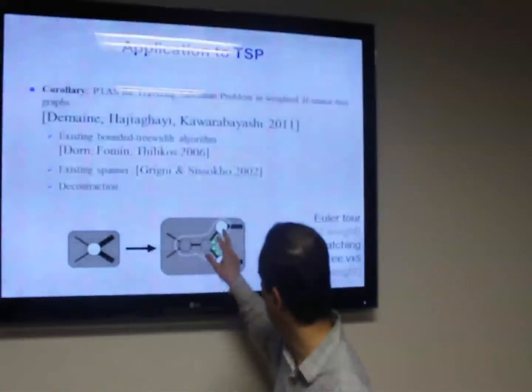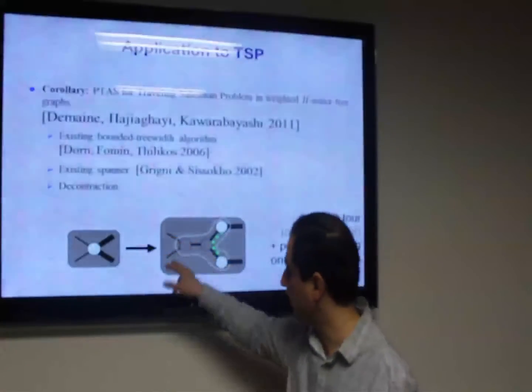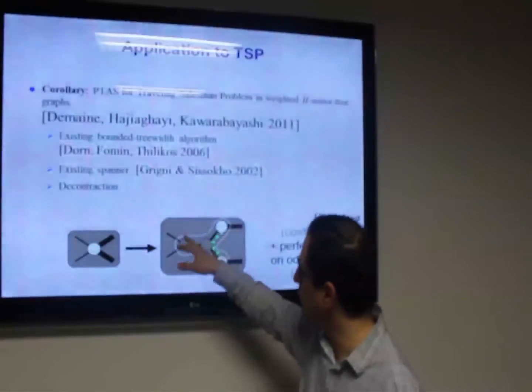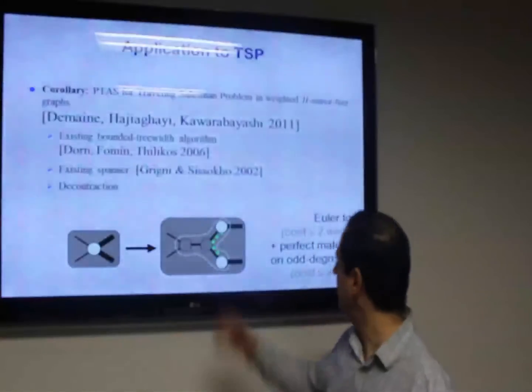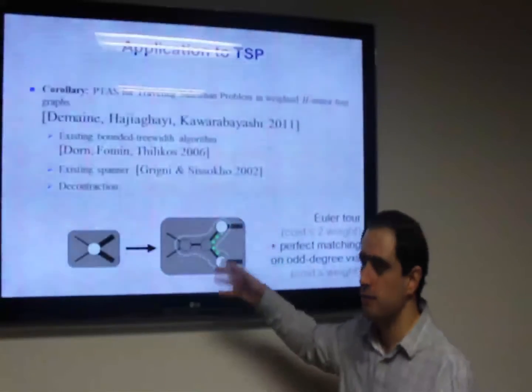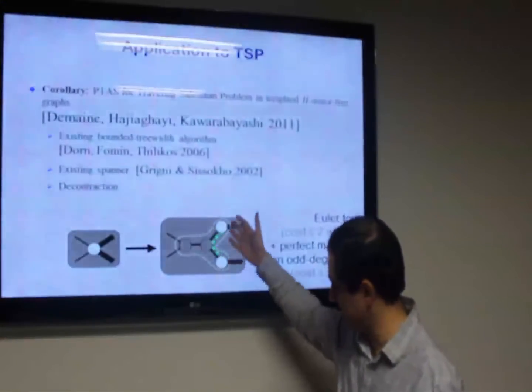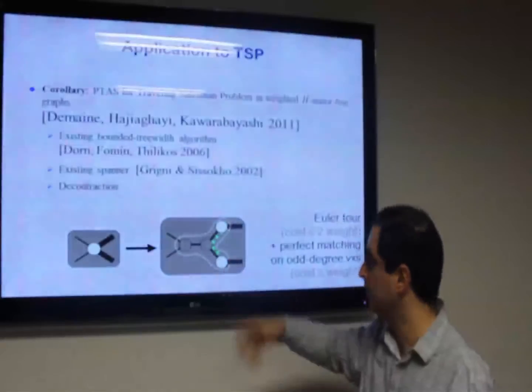For example, here, the whole thing has been contracted into this one vertex. When you open it, you need a tour of the whole graph. So here you need to do some trick: you need to consider some Eulerian tour of this particular graph that has been contracted.